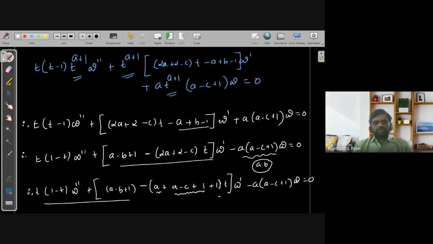And you can observe that this is nothing but the hypergeometric equation. In place of a we have a, in place of b we have a minus c plus 1, and in place of c it is a minus b plus 1.